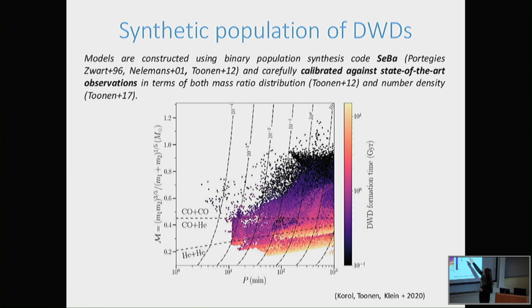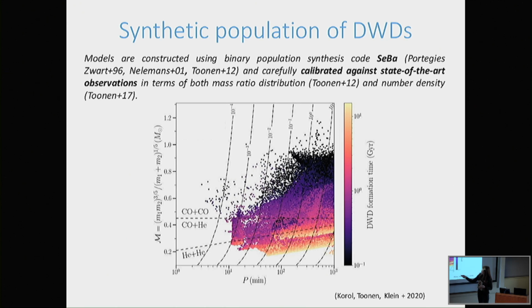Then in the dash-dotted lines, I also plot the merger times, if I consider that they inspiral only due to gravitational wave radiation. The sum of these time scales gives you an indication of the lifespan of the binary.